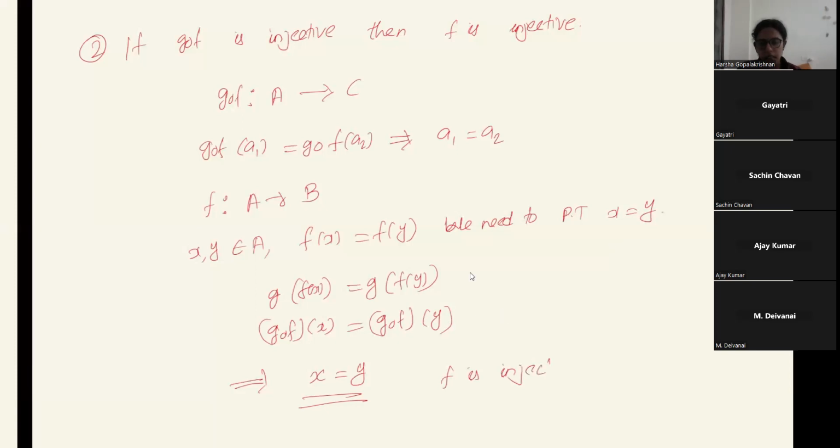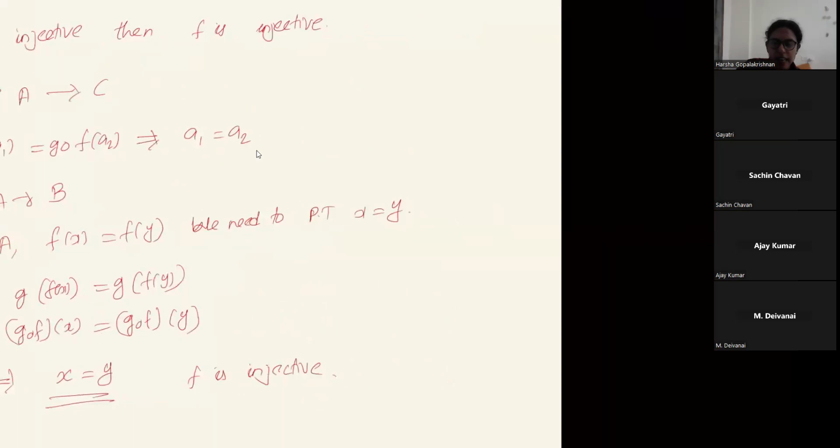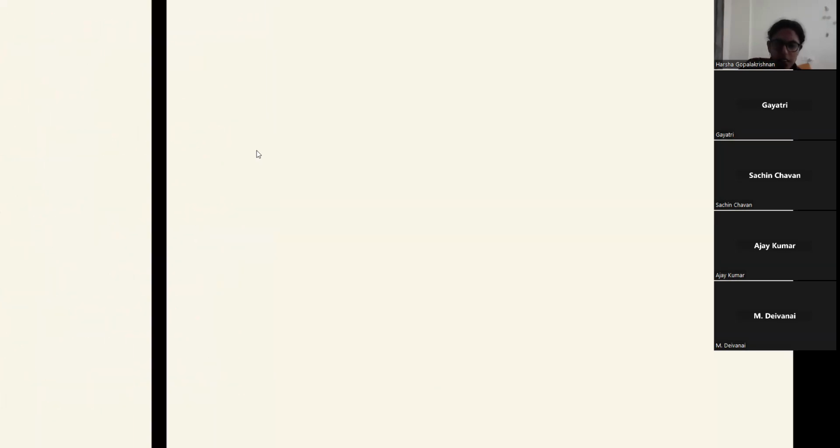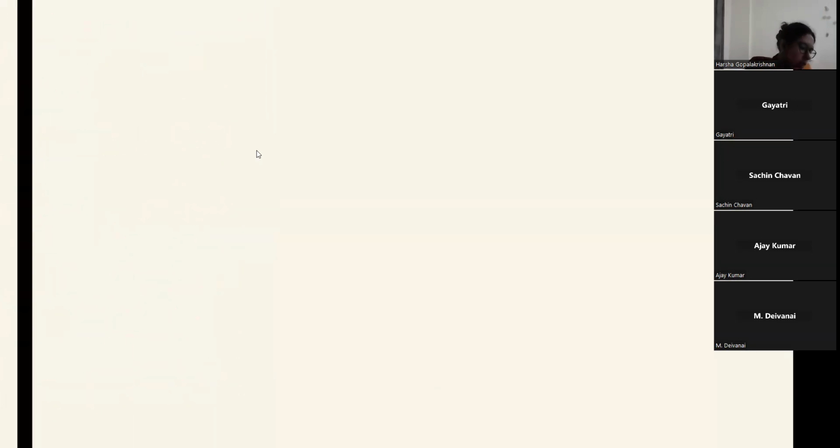Clear? Any doubt? Any doubt in this condition? Both statements? No. Okay. Ma'am, actually, you can see this statement as a standard result. You can just remember: if G composite F is surjective, then G is surjective, and if G composite F is injective, then F is injective.